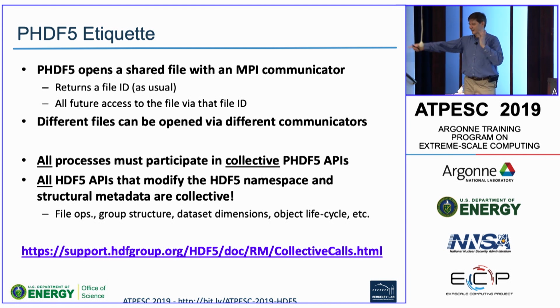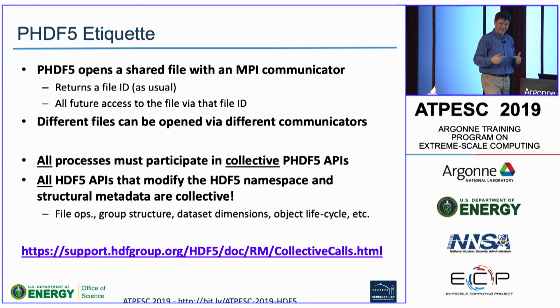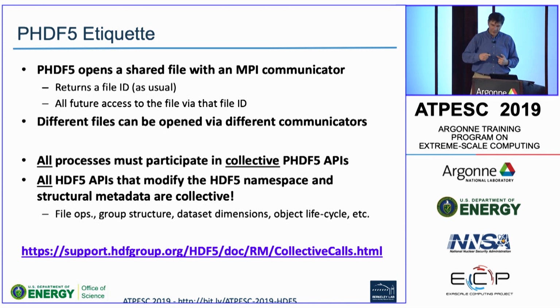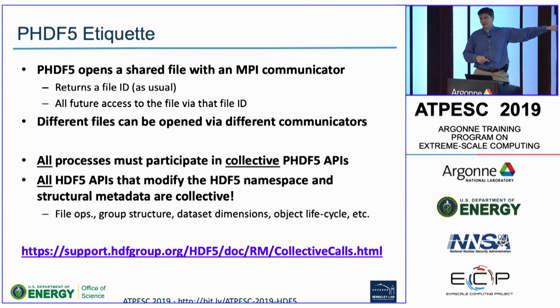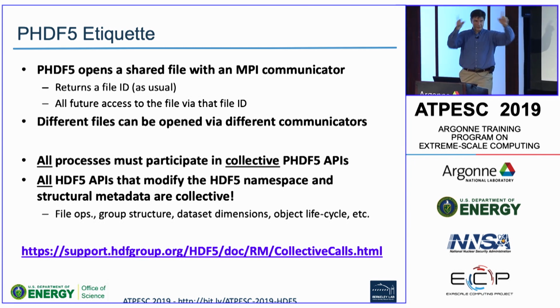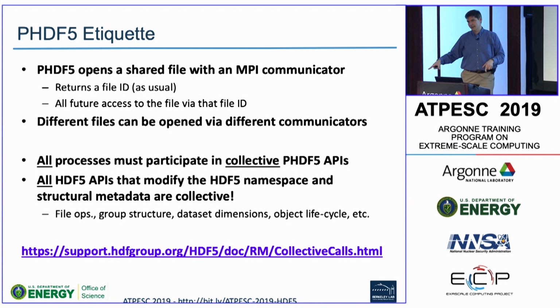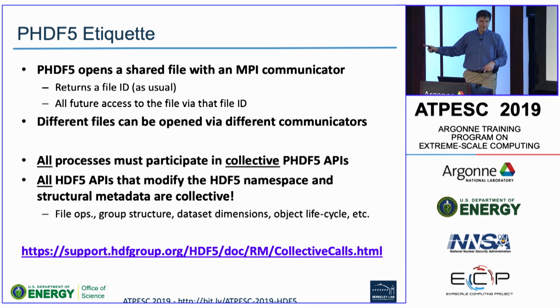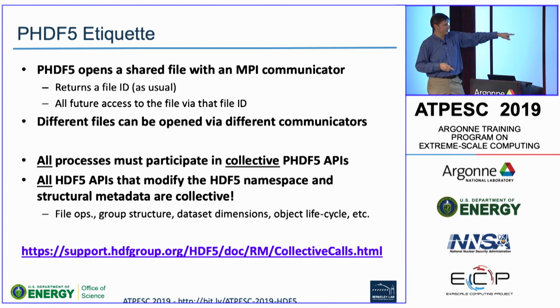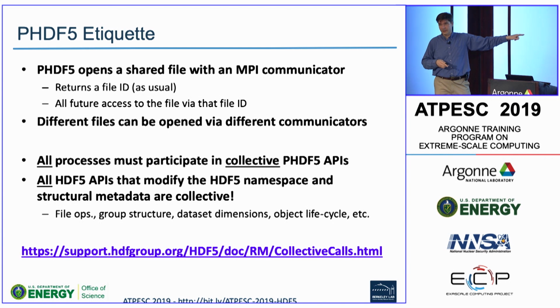And so your program will hang way later, maybe even at file close. So if you get into these funny situations where you think you did everything right, probably you missed a metadata call on some process rank somewhere, because of whatever application logic you had where that process didn't participate in creating that group and you thought it would be okay, and it's not. And if you get down to the file close and it hangs, you have to backtrace up a little bit from there.